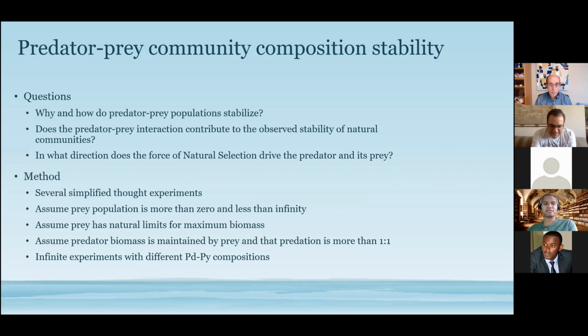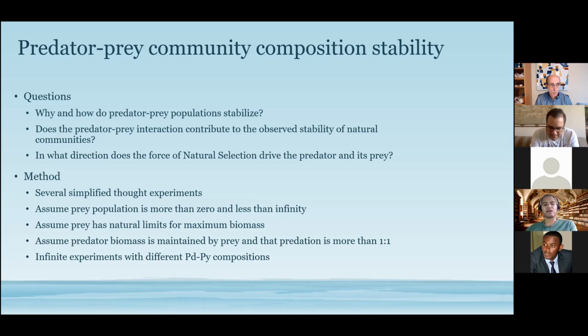The methods that they used to answer these questions were several simplified thought experiments, which are very interesting and actually quite hard to wrap my head around at some points. They had some assumptions to get this thought experiment off the ground.